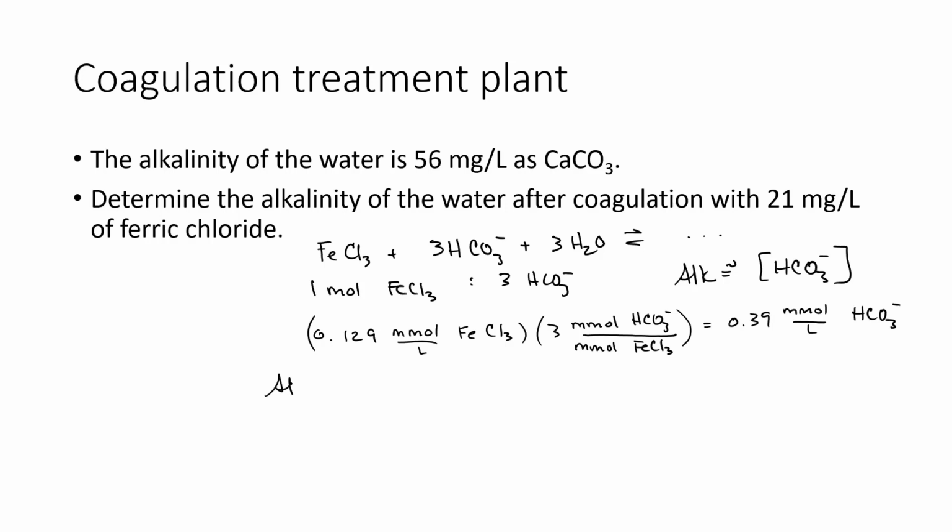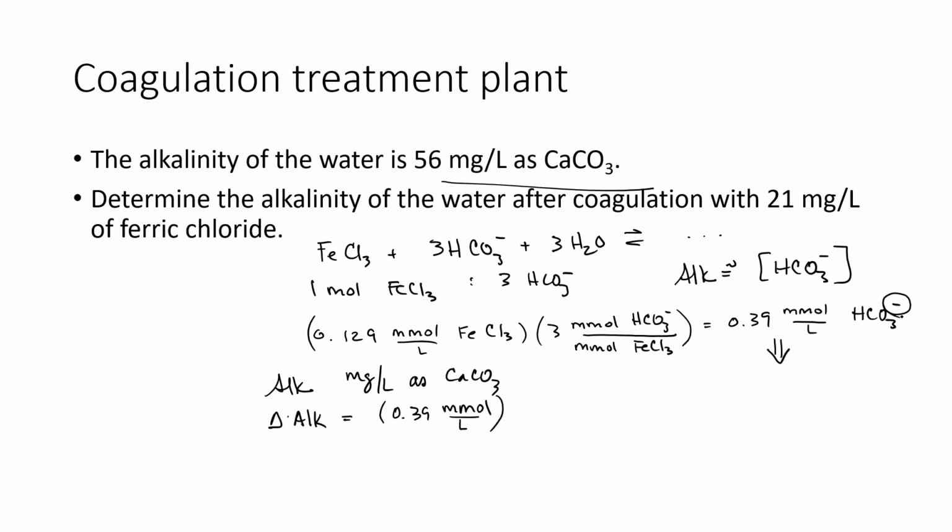Now, alkalinity is usually given in milligrams per liter as calcium carbonate. And notice that's given as 56 milligrams per liter as calcium carbonate. So we need to convert this to the same units as we're given here. So the change in alkalinity, this amount of alkalinity that's reacted, is 0.39 millimoles per liter.